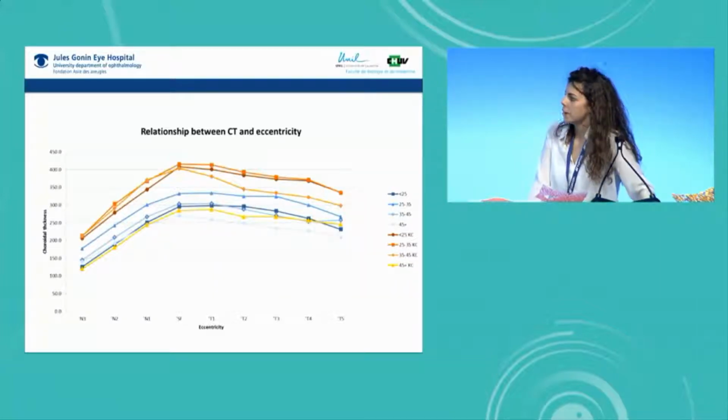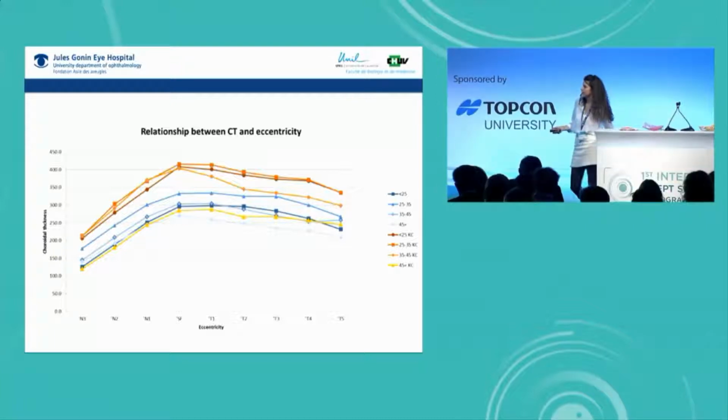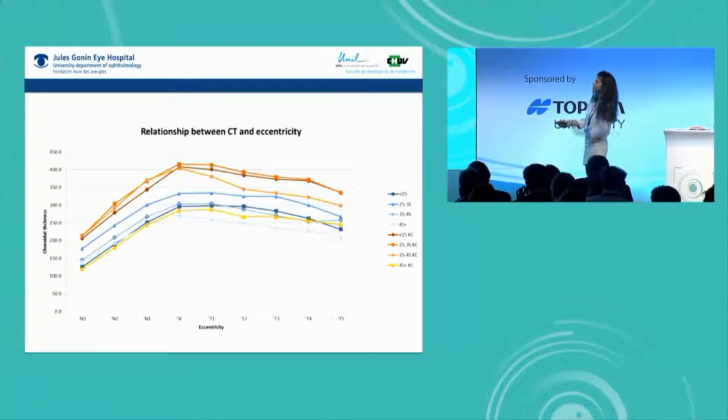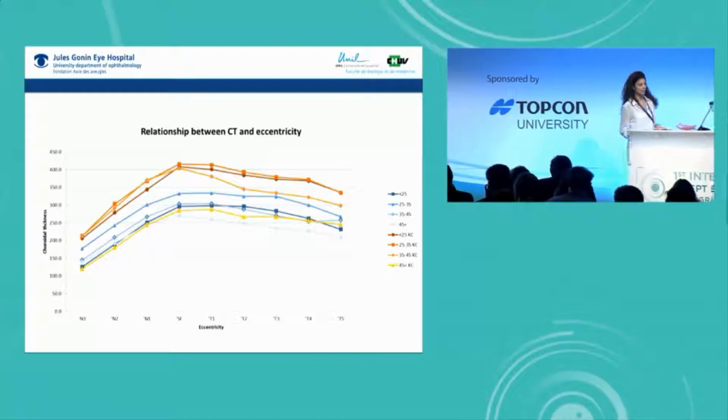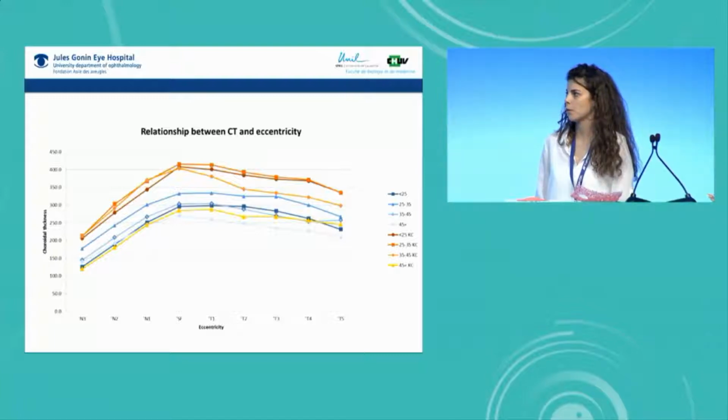In this graph, we can see the choroidal thickness profile in normal controls, that's in blue, and also the choroidal thickness profile in keratoconus patients that are painted in orange.